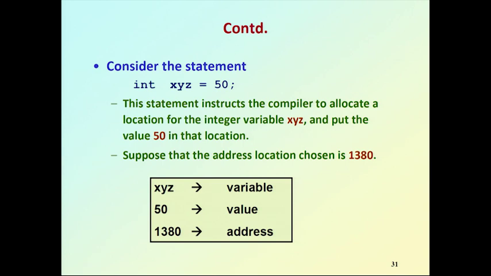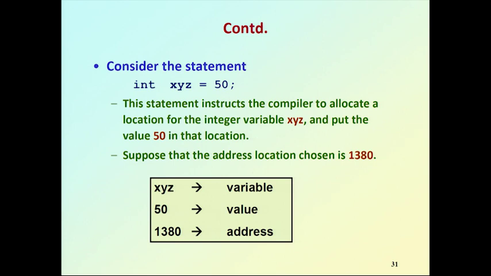So if I declare int xyz equal to 50, that means xyz is of integer type and the value is 50. So 4 bytes will be reserved for xyz. This statement instructs the compiler to allocate a location for the integer variable xyz and put the value 50 in that location.